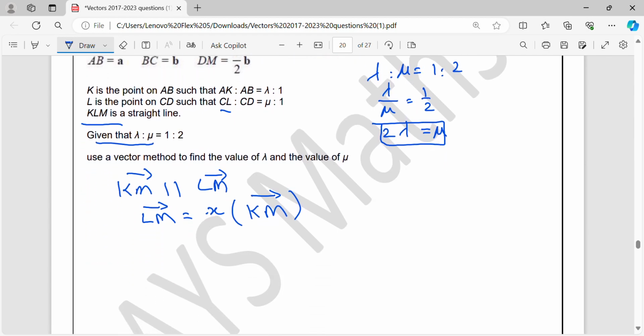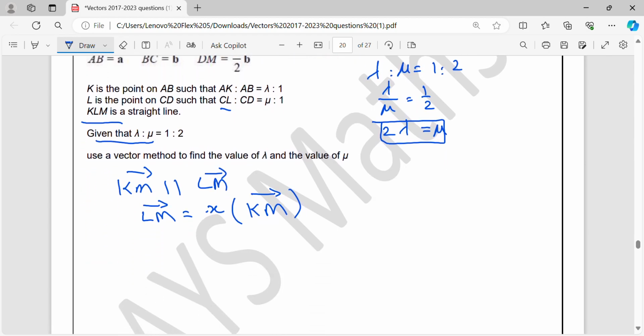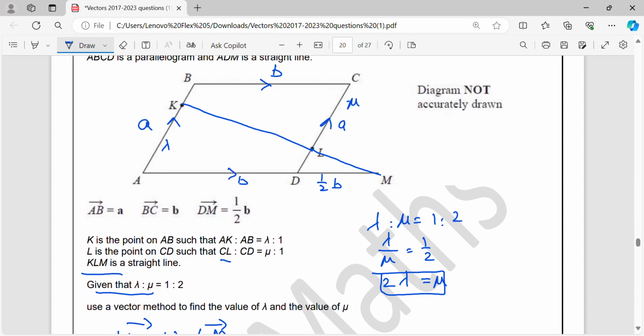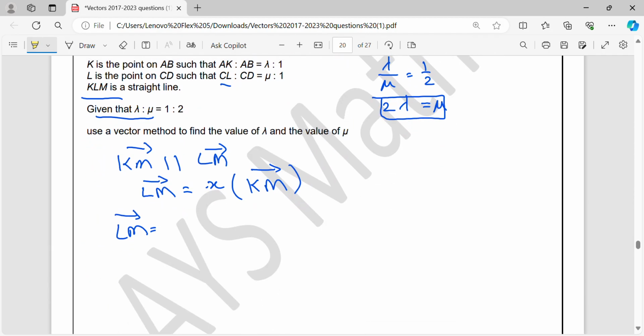Let's find LM first. Let's label the route of LM. LM is LD plus DM.